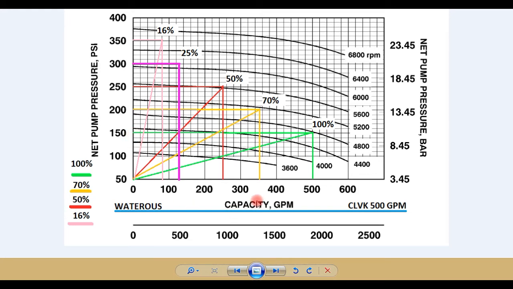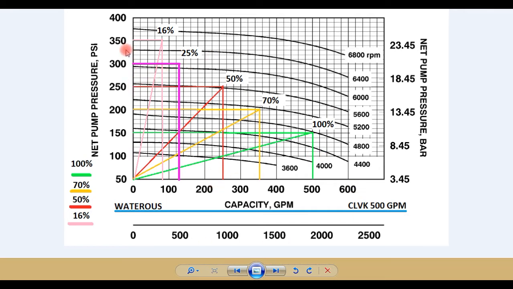It has to be able to produce 70% of its rated capacity, so 70% of 500 gallons a minute is 350 gallons a minute, and it has to deliver that at 200 PSI. And then it has to be able to move 50% of its capacity, so half of 500, 250 gallons a minute, at 250 PSI.